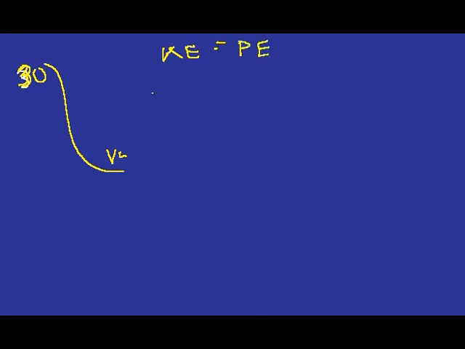And we have 1/2 mv squared equals mgh. You can cancel the m from both sides and come to the conclusion that v is equal to the square root of 2gh.